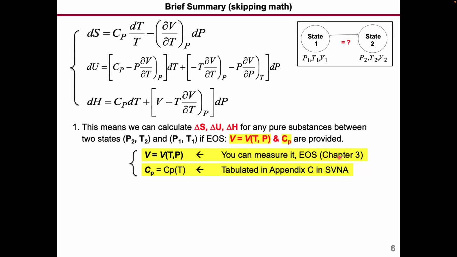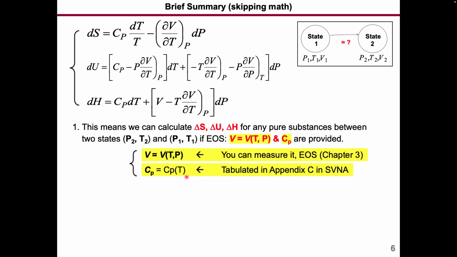And for ideal gas, like I said, PV is equal to RT, or V is equal to RT divided by P. And for Cp, it is sometimes a function of temperature only. For ideal gas, you can treat them as constant values.